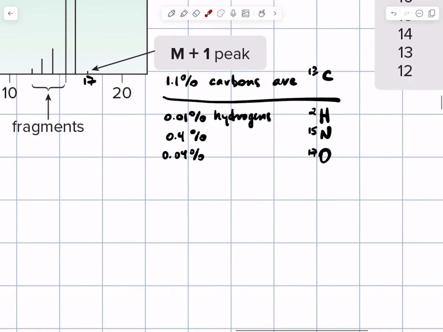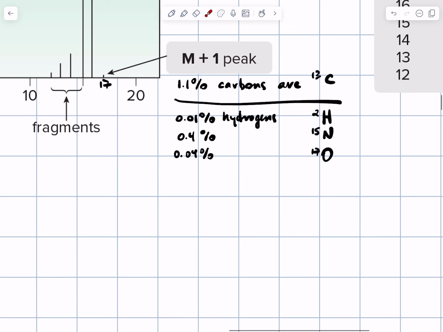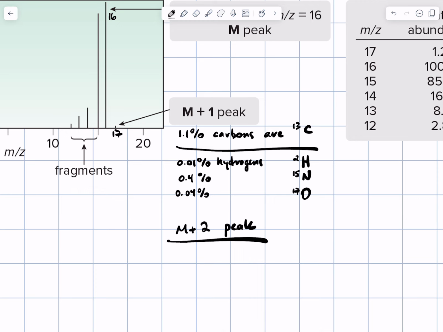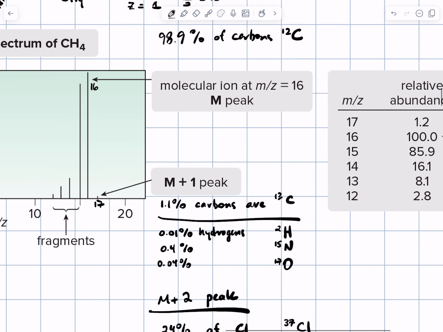As a preview, in some organic molecules we see quite a large M+2 peak. This mostly comes because of the fact that for chlorines, 24% of chlorines are Cl37 instead of Cl35.